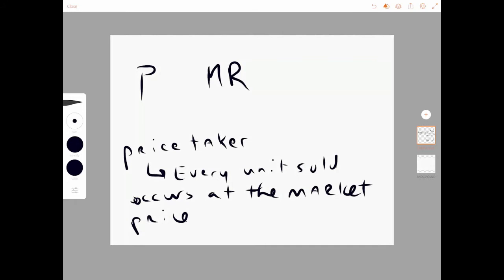So each time you sell something, your revenues increase by the market price, which means that price is equal to marginal revenue, but only in competition.